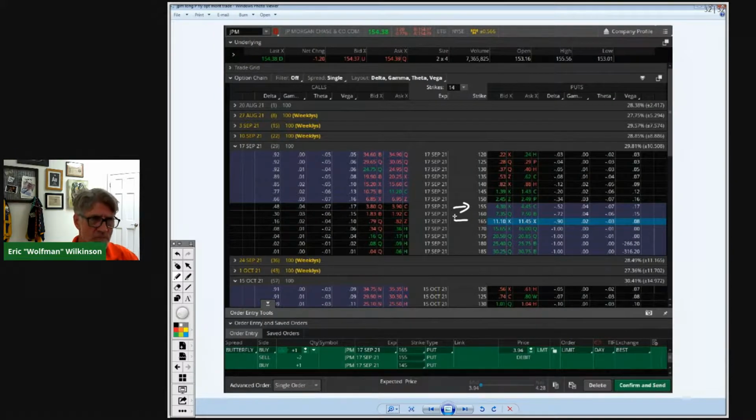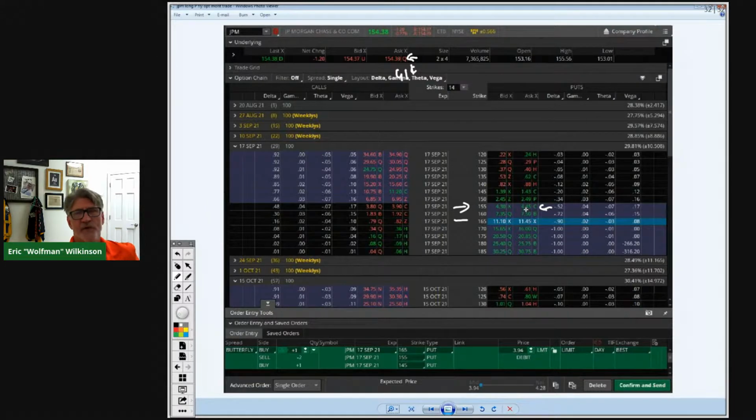I would love to sell this underlying at 155 when it's trading at 154. I can sell it higher by 61 cents, so there's 61 cents that I could literally make money on. But if I bought it in order to have that right, I would have paid $4.30 for that.